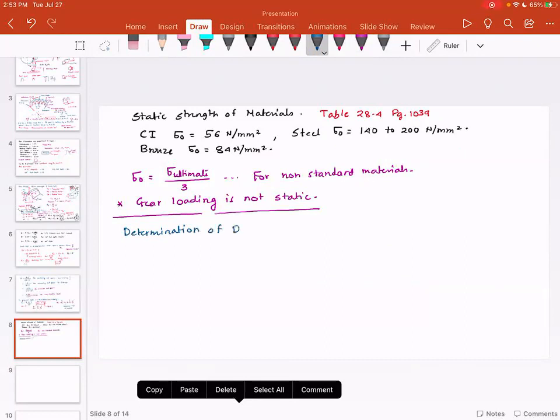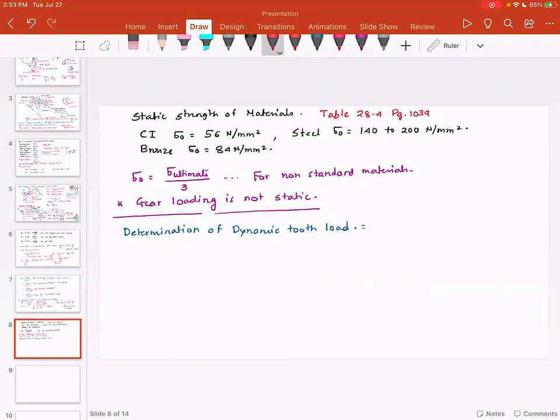Dynamic tooth load is the combination of the static load, which is WT, plus the intermittent load, which is continuously changing because of the traveling nature of the load. So WT is the tangential load, and WI is the intermittent load.